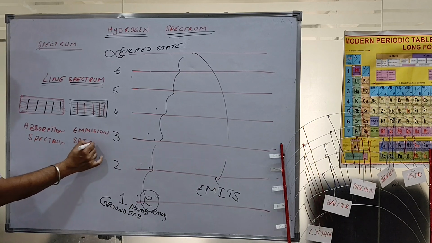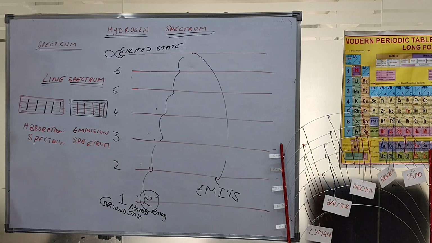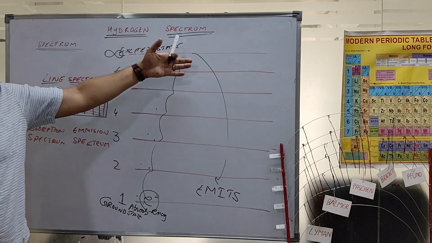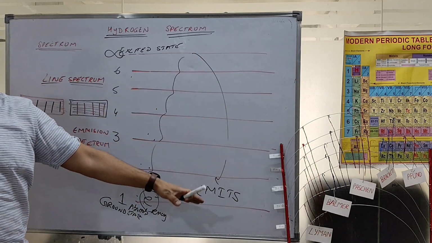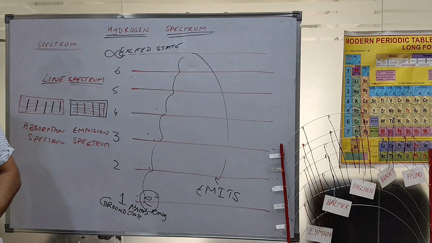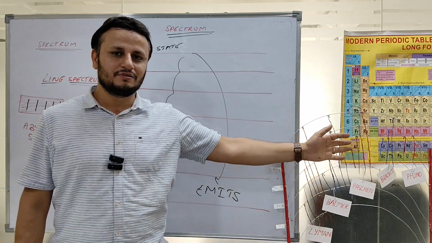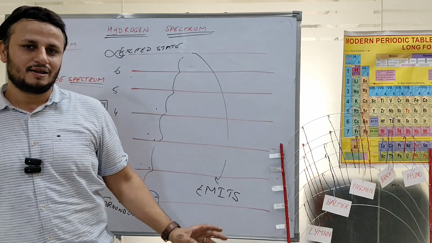One is absorption spectrum and other is emission spectrum. So electron, when it absorbs energy, moves to higher level, and when it returns, it radiates out energy. And this was the pattern that we discussed in the last class.